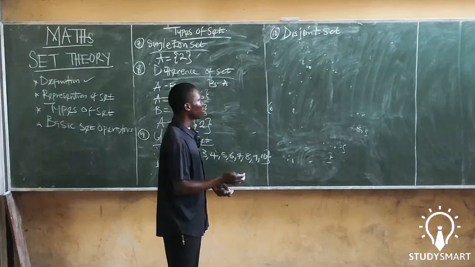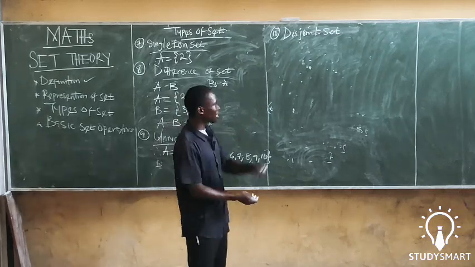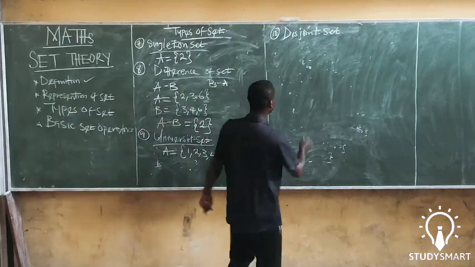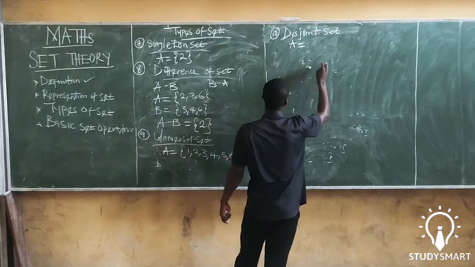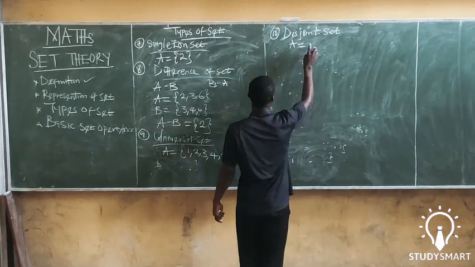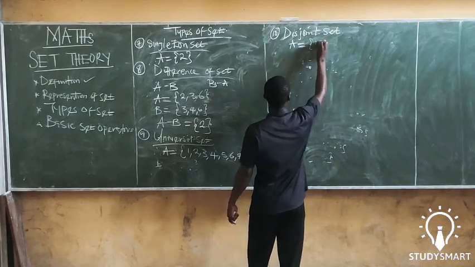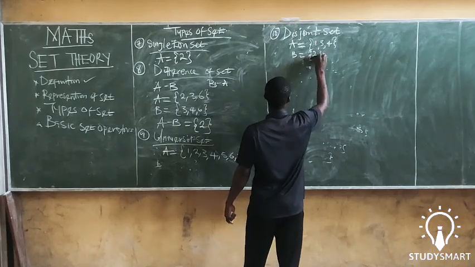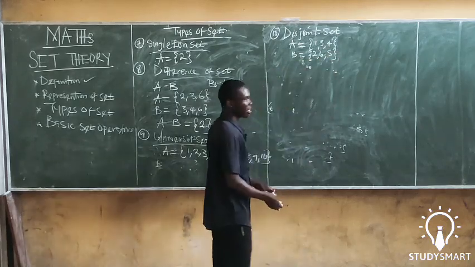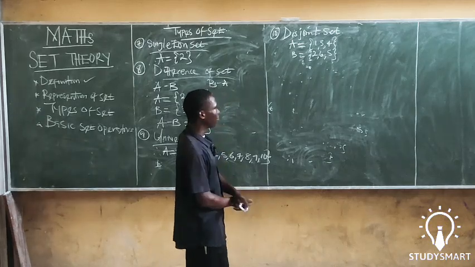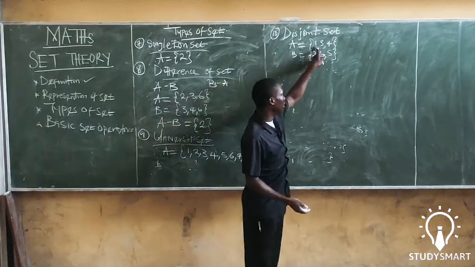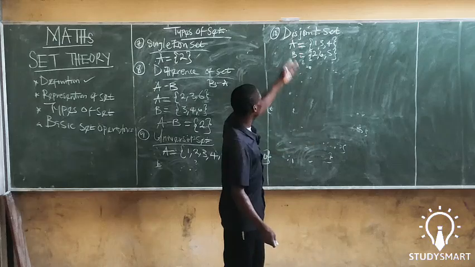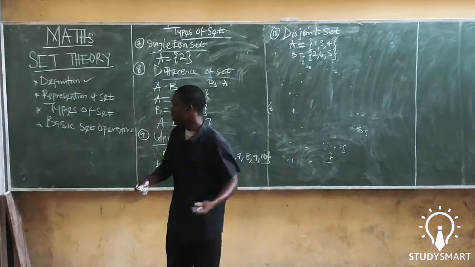So if I have two sets, let me say A and B, the disjoint set is a set that has its elements not found in A, neither in B. So if I have A equal to 1, 3, 4, and B equal to 2, 6, 5, this is a disjoint set, because the elements found in A are not in B, and the elements found in B are not in A. So the two sets are not having anything in common.